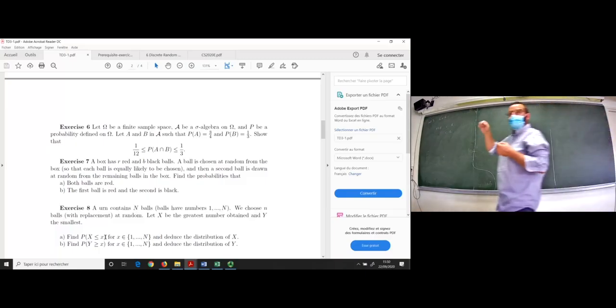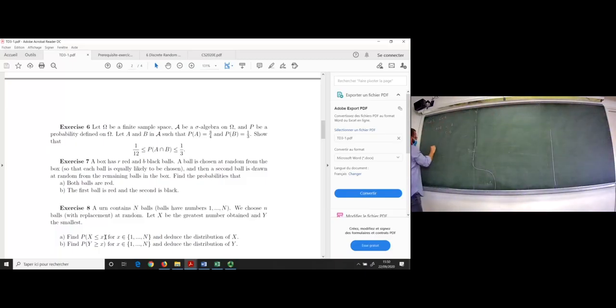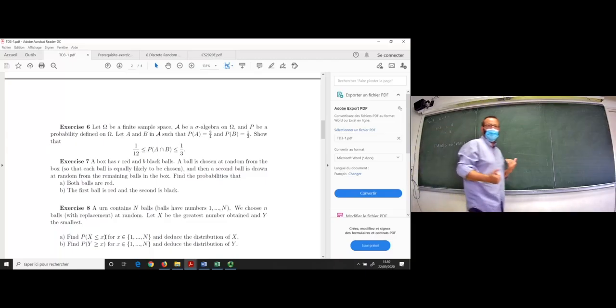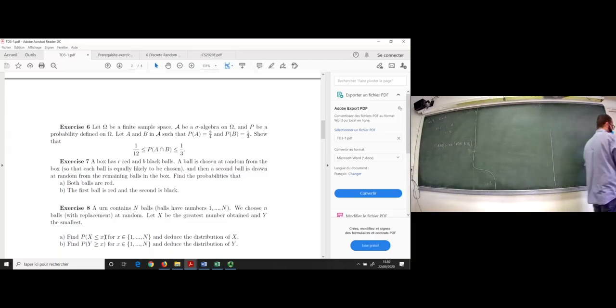So I can deduce from these two inclusions that the probability of the intersection is less than P of A and less than P of B. So I can say that it's less than the minimum between P of A and P of B. I want to have the best bound, so I choose the smaller one between P of A and P of B.